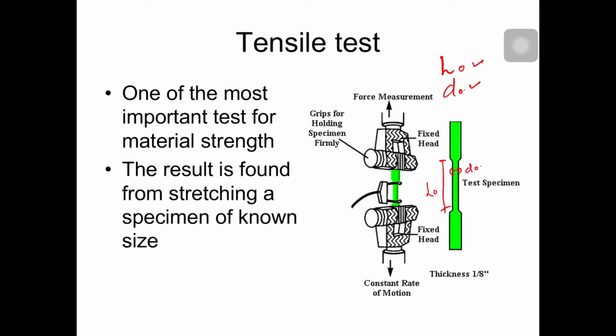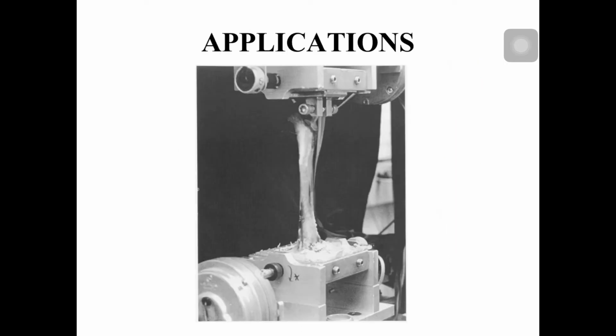This is your grip, not counted; it is used to hold the specimen. This is the real picture of how the tensile test is done. This is the gripper up there, here is also a gripper, and here is your specimen.